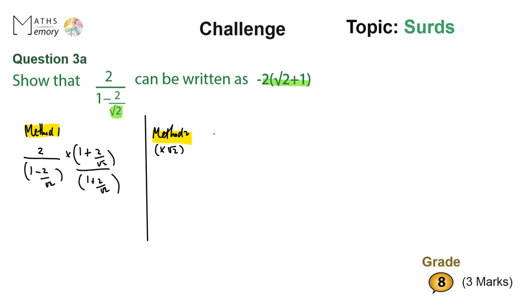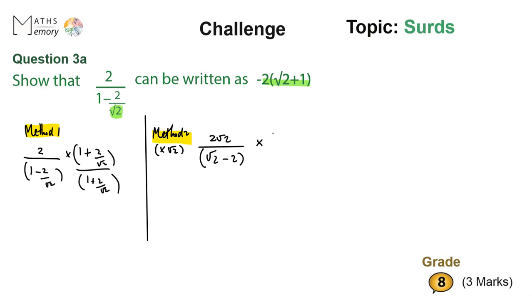We're going to get this 2 root 2 all over root 2 minus 2. That looks much better, in fact, because now we can multiply everything by the positive version in the denominator. Look how this 2 is the same as this 2 over here. It'll always stay the same.